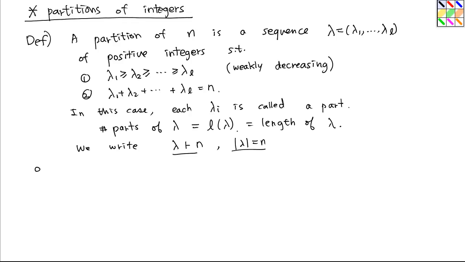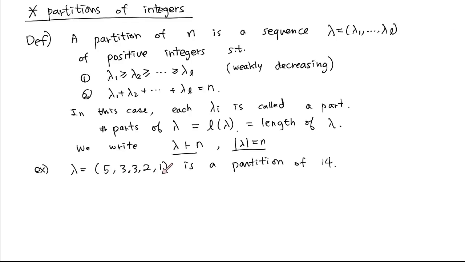So an example, if lambda is the sequence 5, 3, 3, 2, 1, then this is a partition of 14 because the integers are weakly decreasing and their sum is 14. So in this case, we write lambda is a partition of 14, or equivalently, the absolute value of lambda is 14.